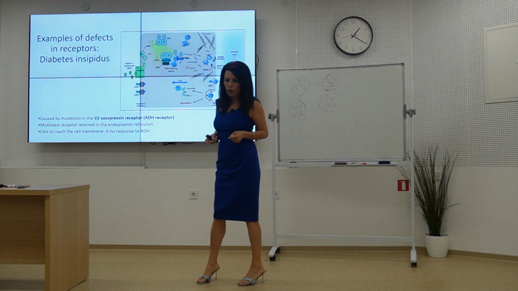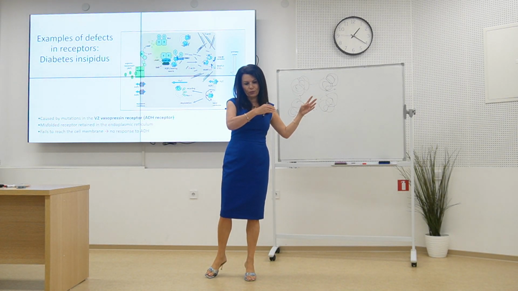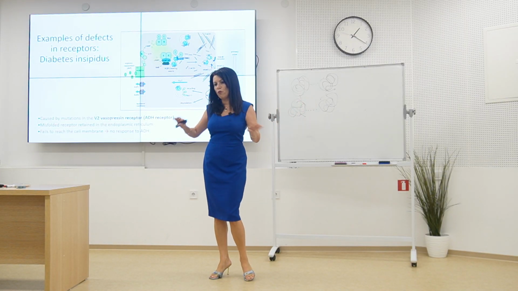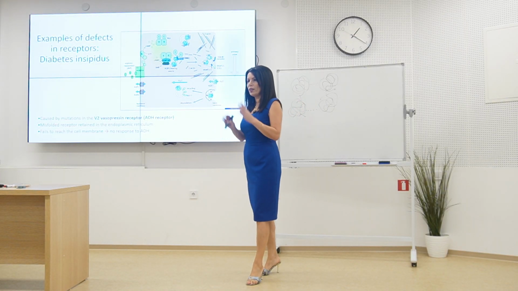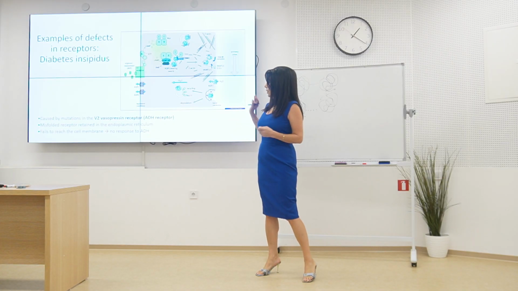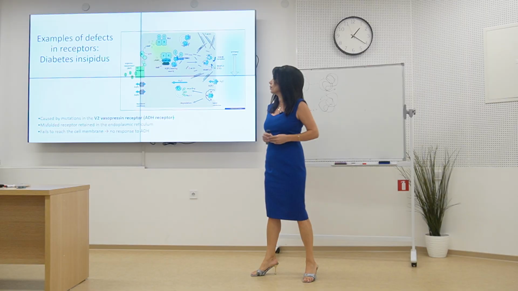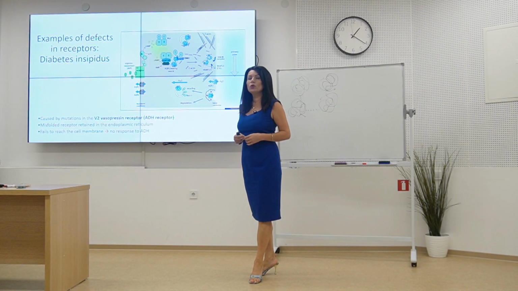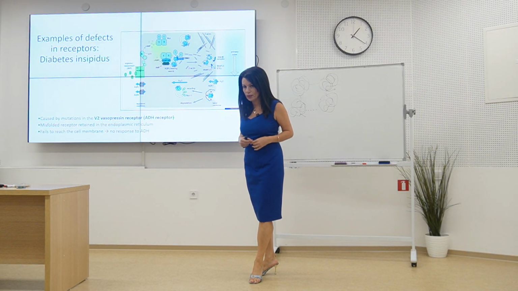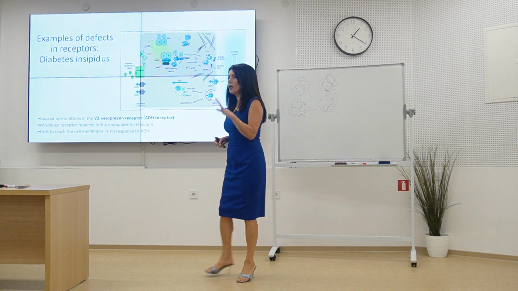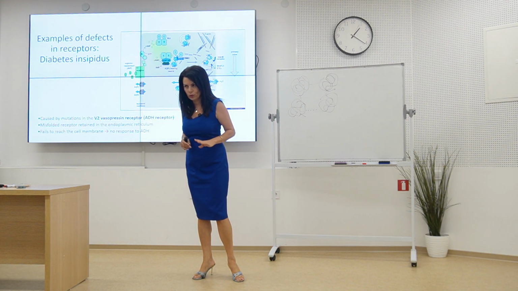Another example of disruption of protein function is defects in the receptors. In this first figure, you can see one example of a disease which is called diabetes insipidus. Don't confuse diabetes insipidus with diabetes mellitus.